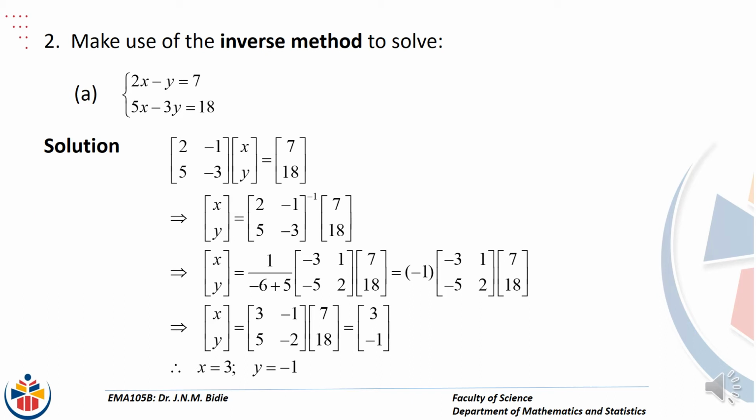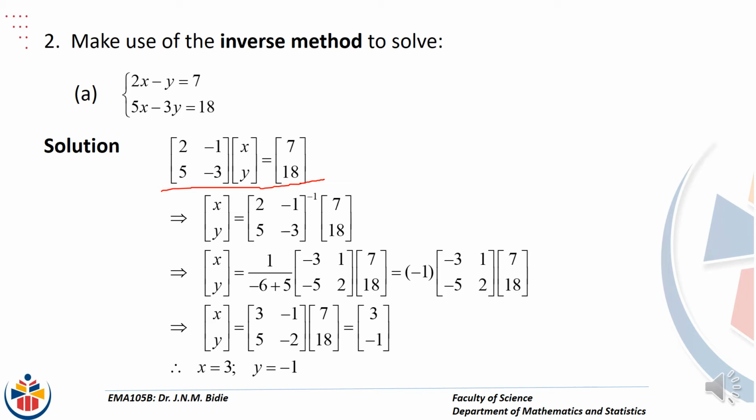Now here, firstly, we write the given system in matrix form, and then thereafter make x, y, that is the variables, the subject. So we'll know that A inverse will multiply the constant matrix. Then find the inverse of 2, -1, 5, -3.